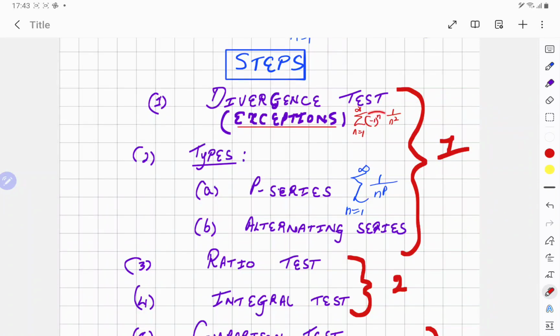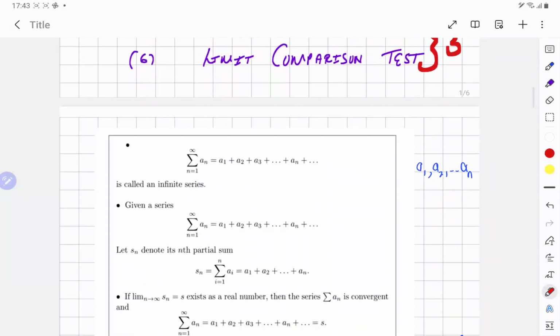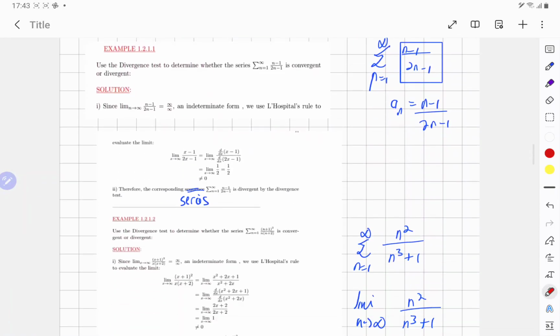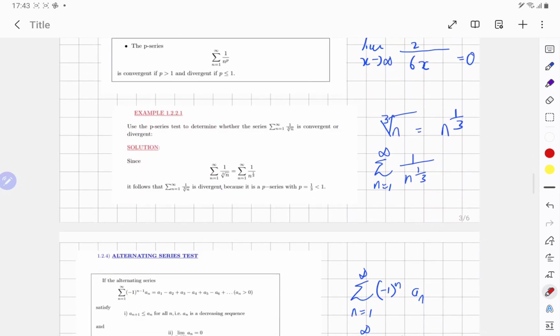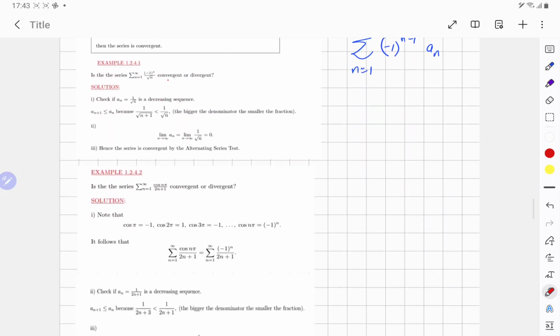If something looks like an alternating series, you can skip the divergence test first and go straight to your alternating series test. If the alternating series test fails, we will go back to the divergence test. More on that later when we do an example.